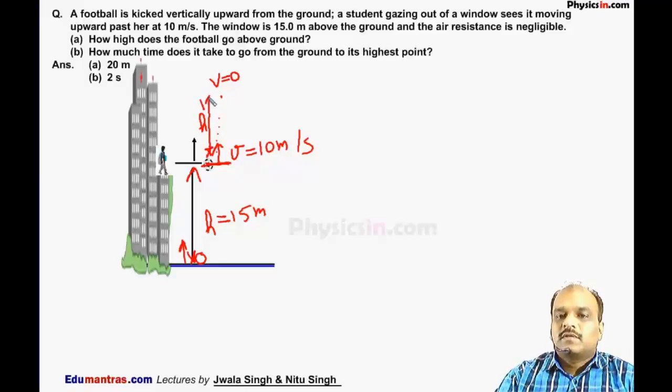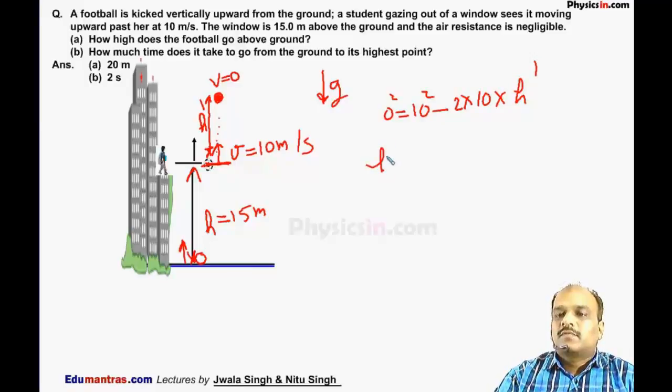The height above the window where the ball stops for the first time. Let this be the point where the ball stops. So we can say 0 squared is equal to 10 squared minus twice a times the displacement, because acceleration is directed downward. So v squared equals u squared minus 2 a h dash, with a as 10 and displacement h dash.